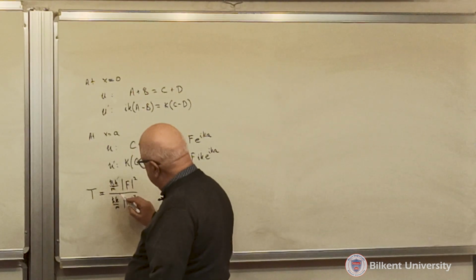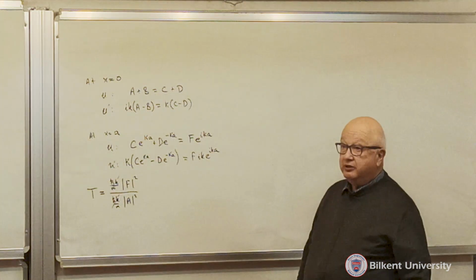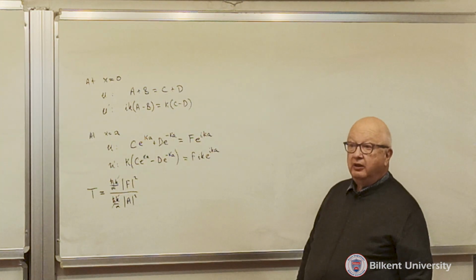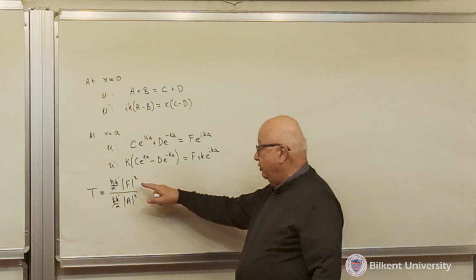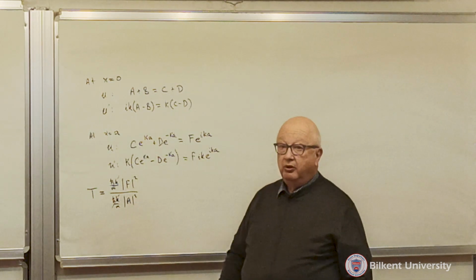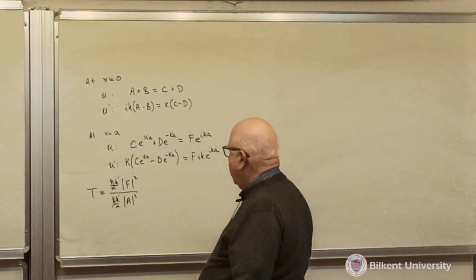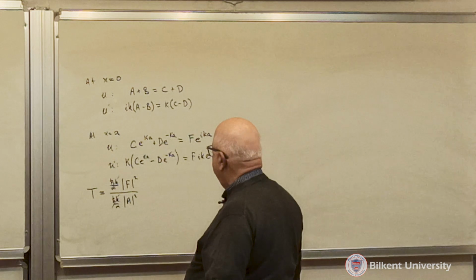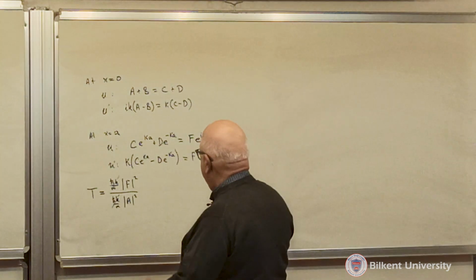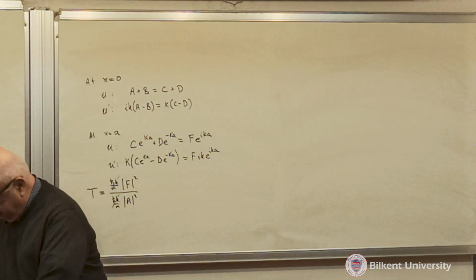Because the potential is the same, the k's are the same, so I just drop those factors. So it's the probability current on the right hand side divided by the probability current incident on the left hand side. So this is the transmission coefficient, and I gave you what that was last time, so I'm just going to do that again.